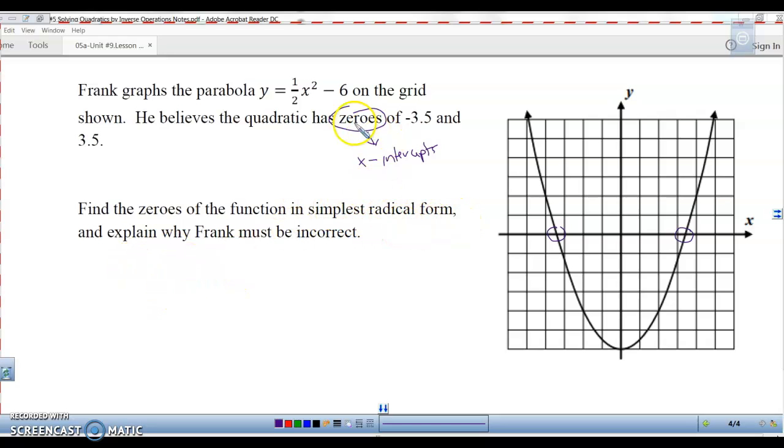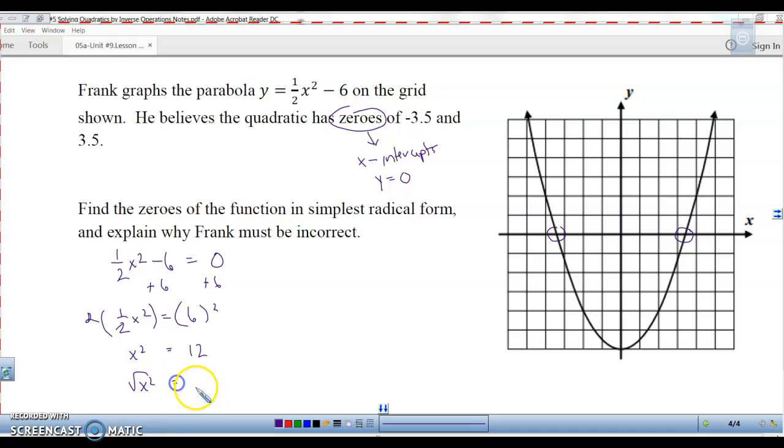All right, so if it's the x-intercepts, we know the y has to equal 0. So we take 1/2 x squared minus 6 is equal to 0. Add the 6. 1/2 x squared is equal to 6. Multiply both sides by 2. We get x squared, because these cancel out, equals 12. And then we have to take the square root of both sides, plus or minus.